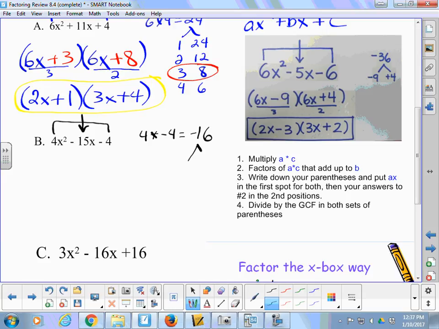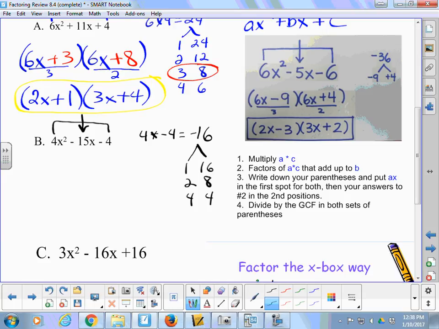So let's just put down the factors of 16 first of all. Okay, so 1 and 16, 2 and 8, 4 and 4. Okay. So which pair, when I subtract, will I get 15? Okay, 1 and 16, okay?